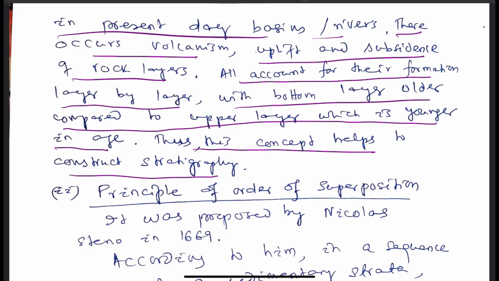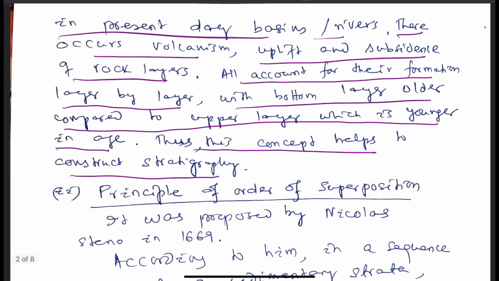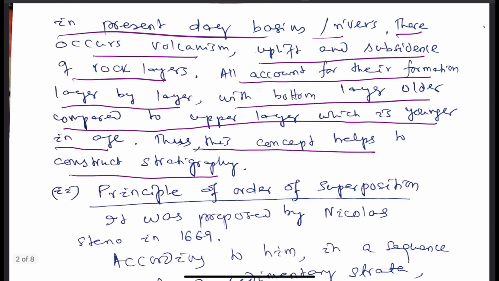So the principle of uniformitarianism forms one of the major principles of stratigraphy, because it aims at arranging the rock layers from bottom to top, with the fact that the bottom layers are always older compared to the upper layers.